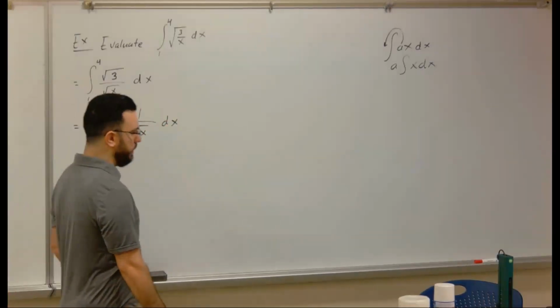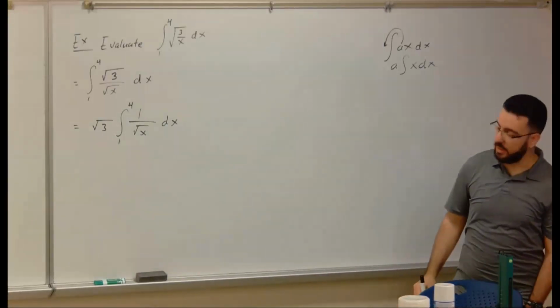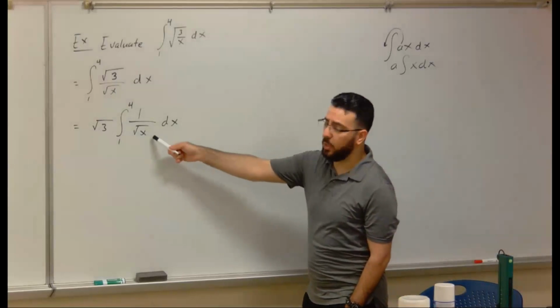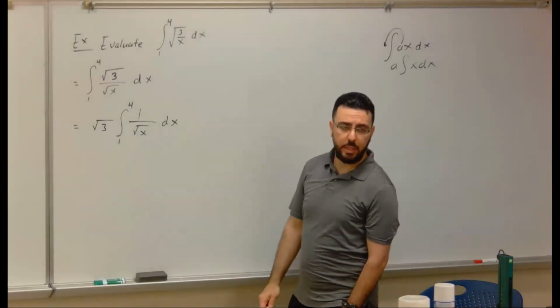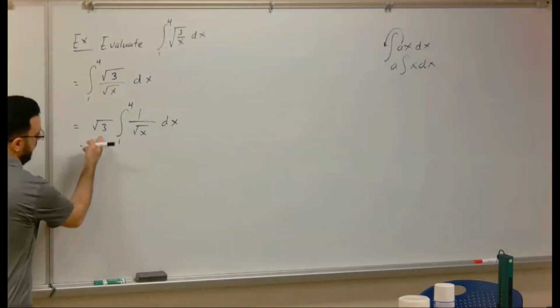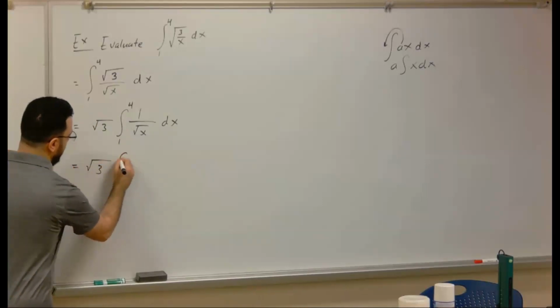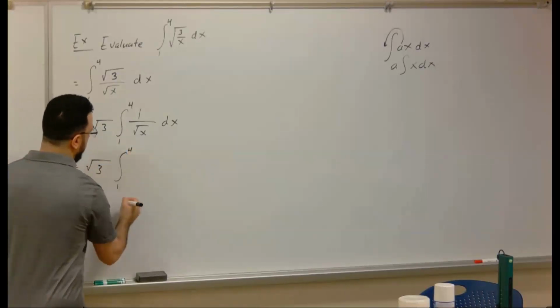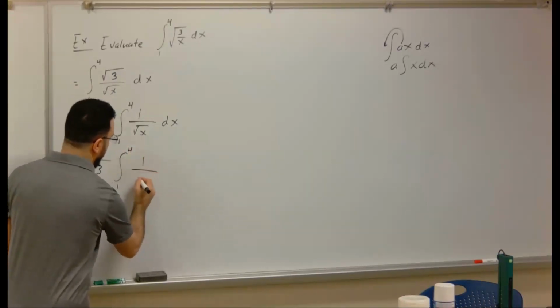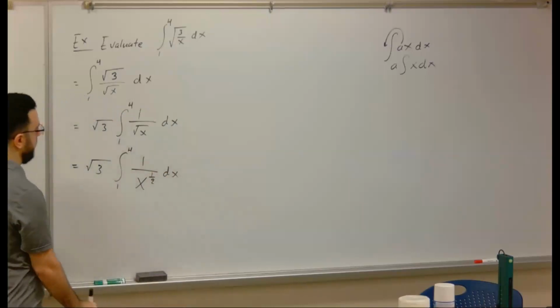Now, next step, everything is right. Can I convert this to a rational exponent? The square root is the half power, yes. You can keep the 3 as it is, or convert it to 3 to the half, it's fine. So square root of 3, integral from 1 to 4, 1 over x to the half dx.